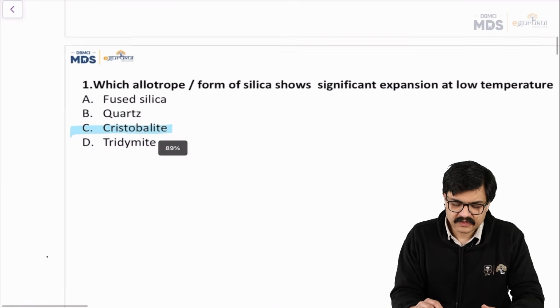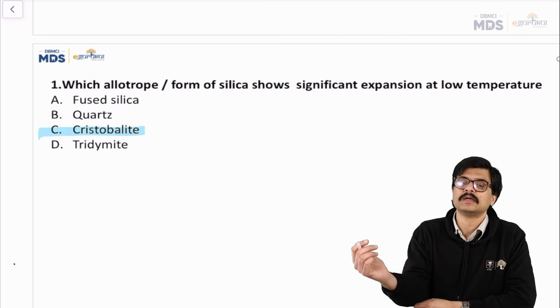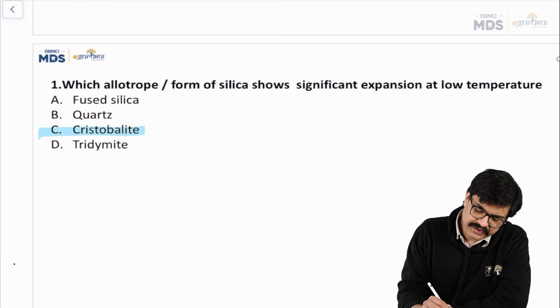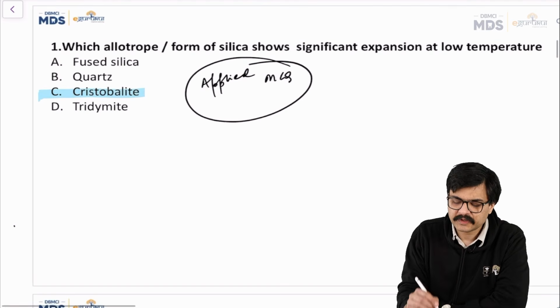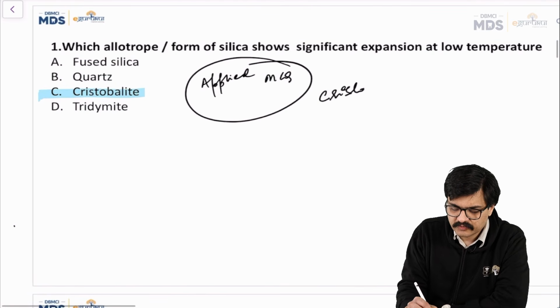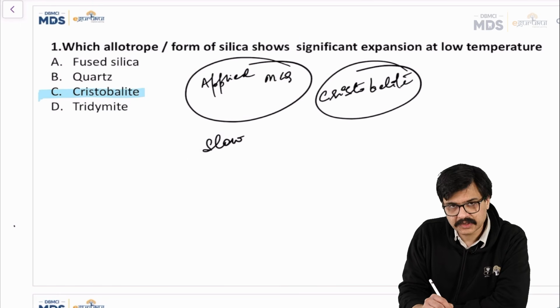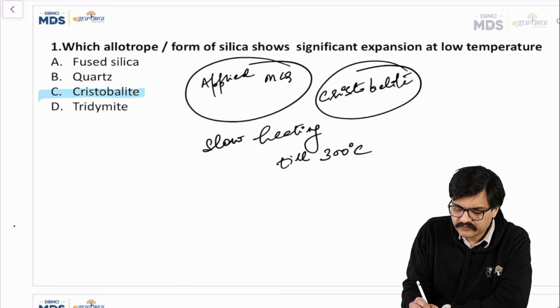Okay, what is the other MCQ that you get related to this? Especially for those investment materials which contain cristobalite, the associated or the applied MCQ is that for those investment materials consisting of cristobalite, you should be very careful in the sense that while doing your wax burnout, you should do slow heating till you reach a temperature of 300 degrees Celsius.